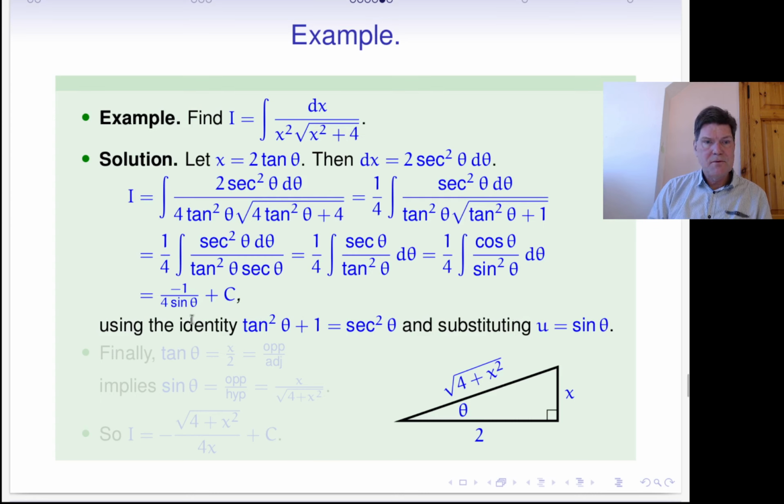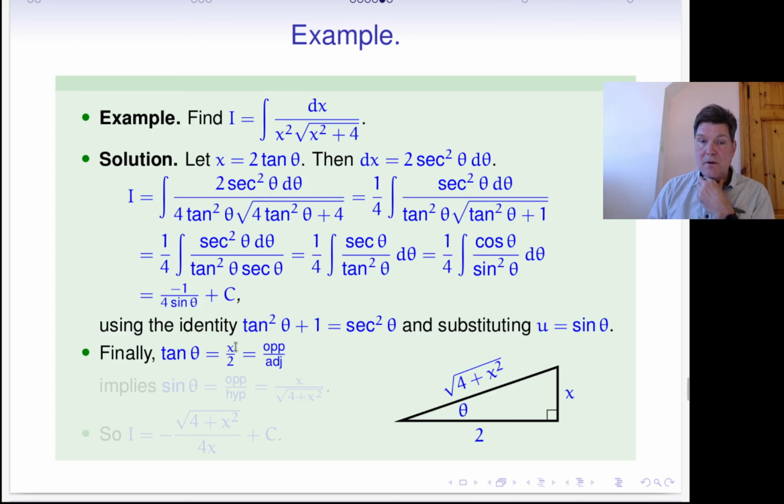back substitute the theta here in terms of x, which again is a bit of a challenge, but using a triangle as before, a right angled triangle with one further angle theta, then what we know is that tan theta is x over 2.